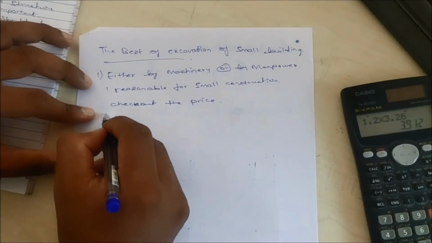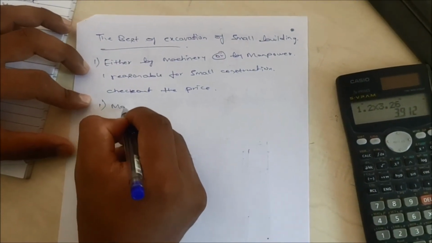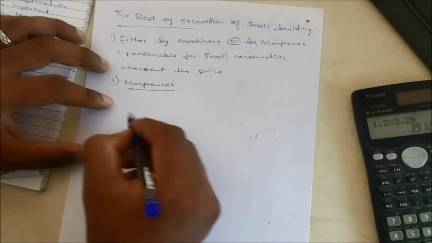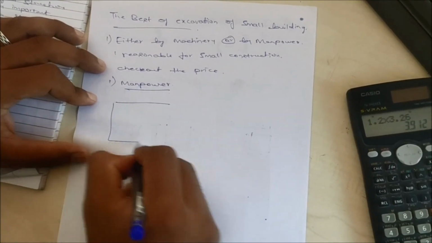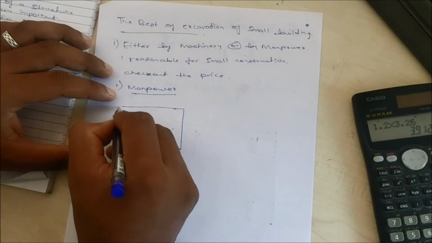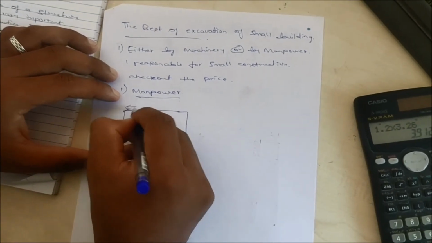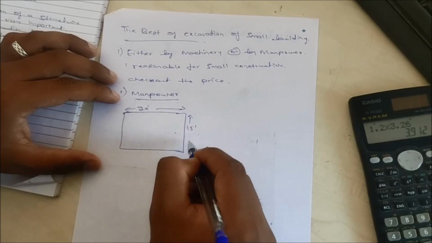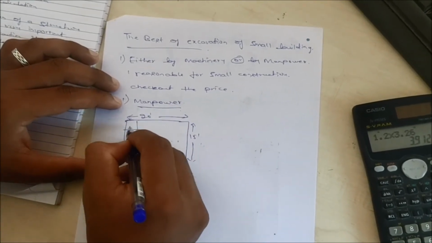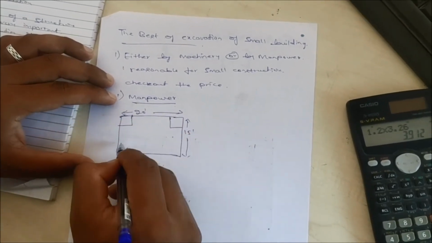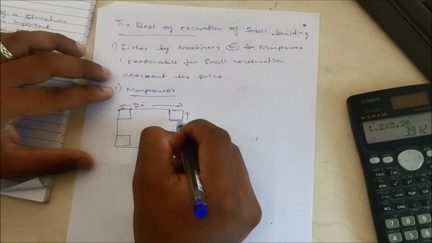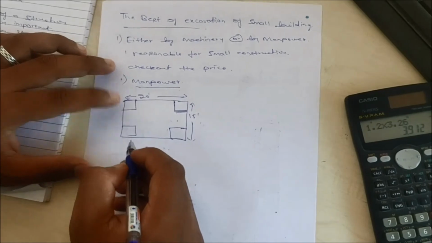See, first we will go to the manpower calculation. For example, here is the building plot. This is 20 feet, here is 15 feet. For example we have 4 pits here.